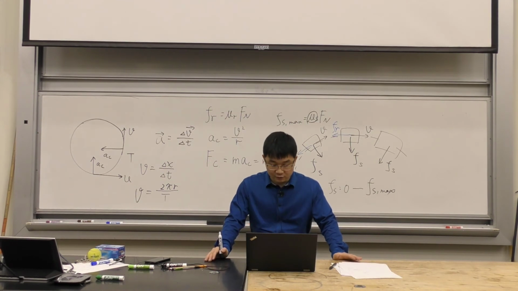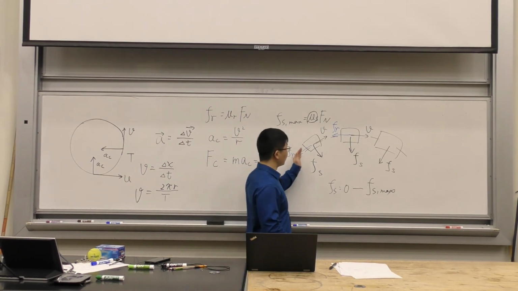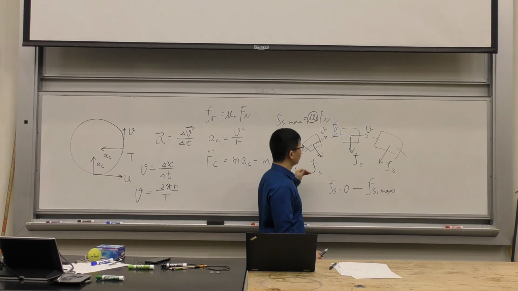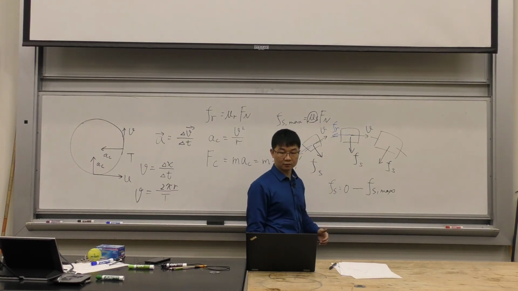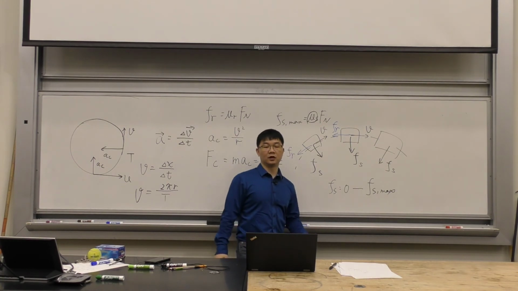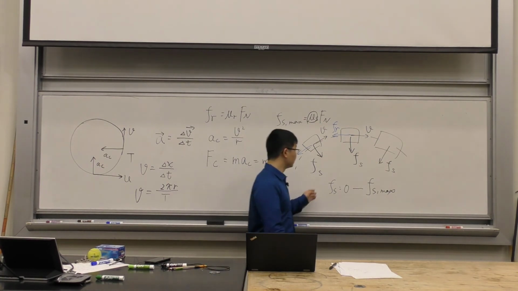And as we discussed earlier, when the car is making a turn, the centrifugal force is actually the static friction force from the ground, from the road on the car. So that's the static friction force.